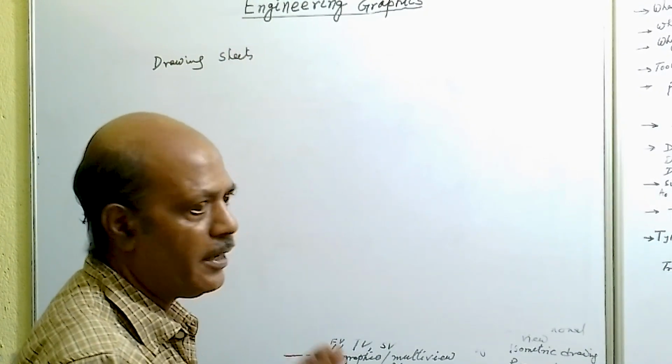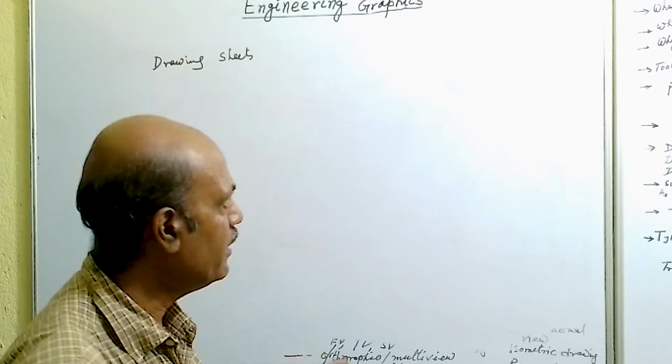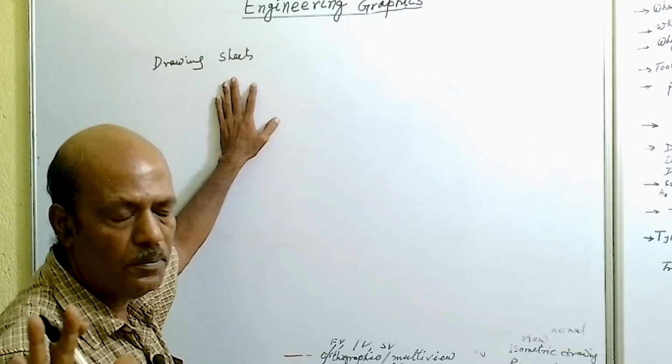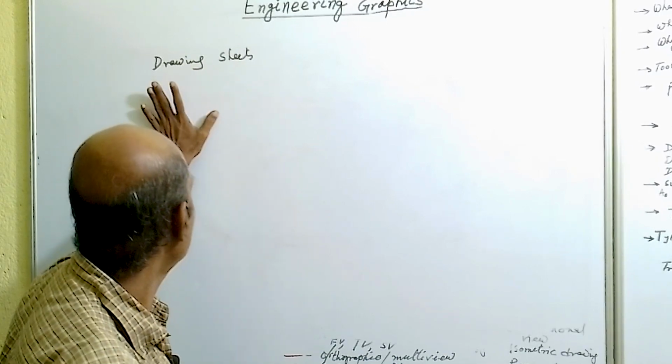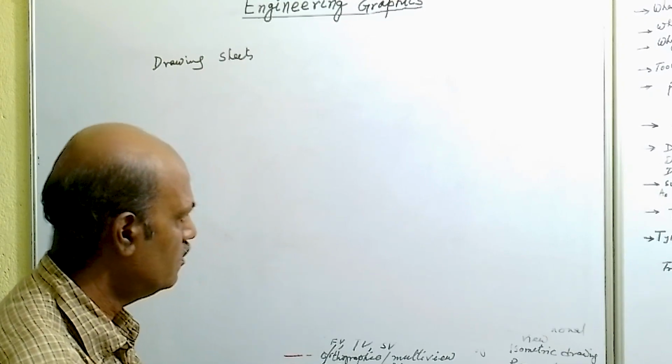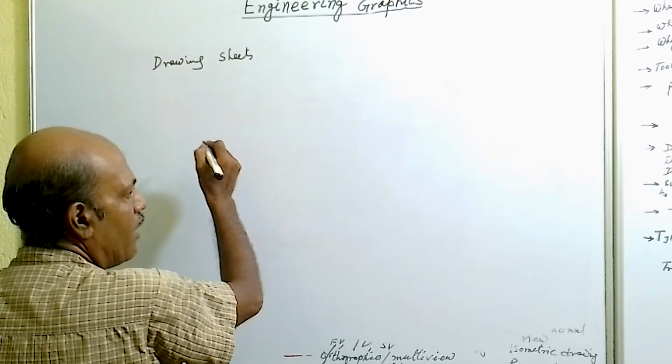There are various sizes as per the BIS. I will tell what is BIS, that is Bureau of Indian Standard. As per BIS, there are various sizes of drawing sheets available.